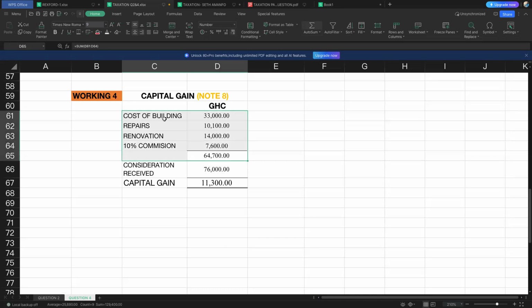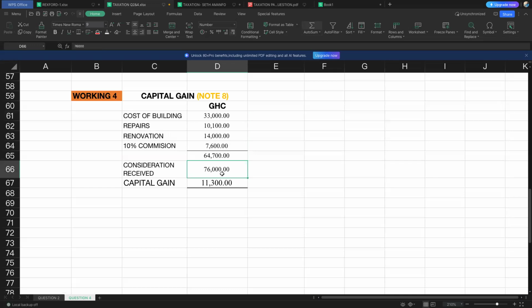So you incurred 64,700 as cost of renovating and being able to sell the building, and then you sold it at 76,000.